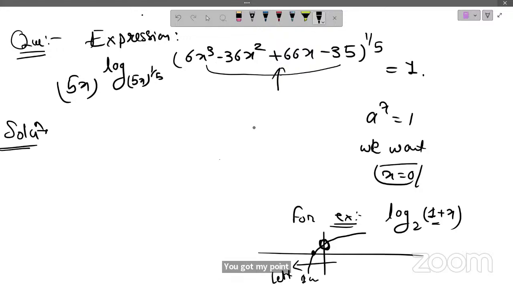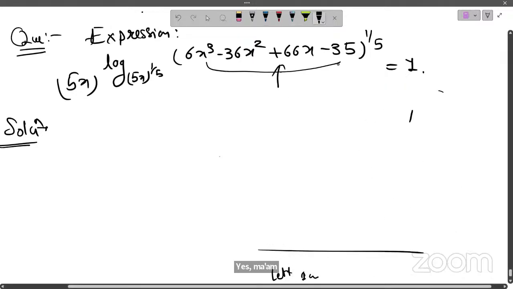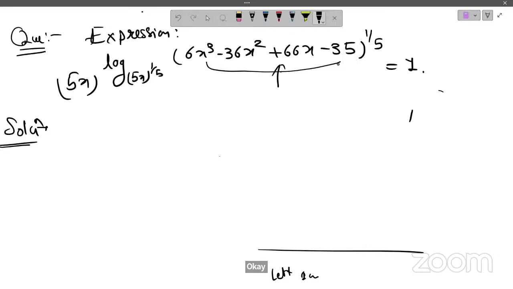Yes, correct. That's why it's not that easy to solve, but let's try. Again, I get some sense: it's log base 5x to the power 1 by 5. So if we take the base 5x to the power 1 by 5, we may get something.